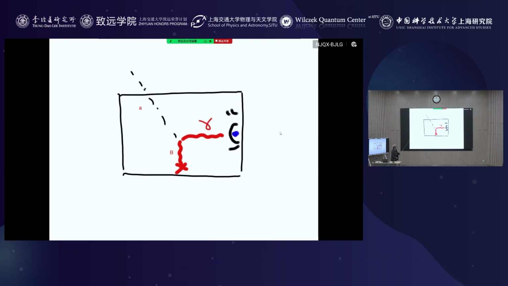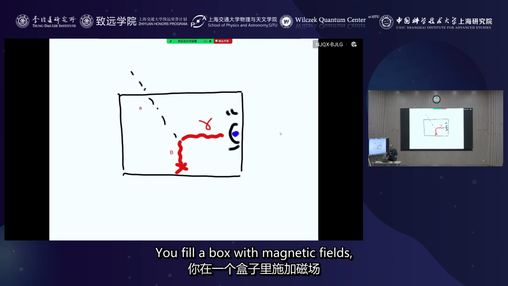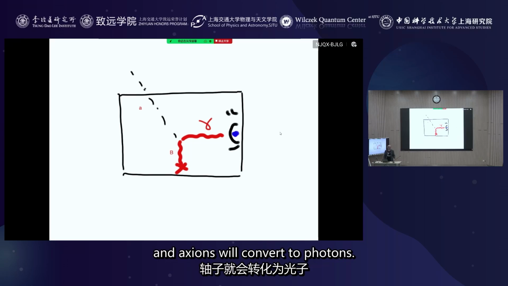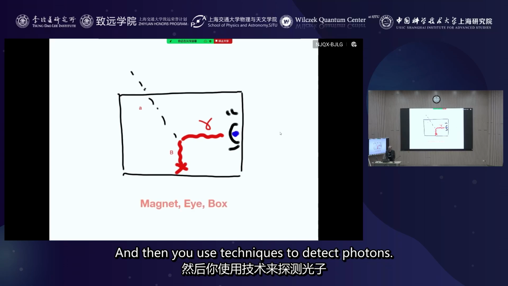You fill a box with magnetic field, and axions will convert to photons, and then you use techniques to detect photons.